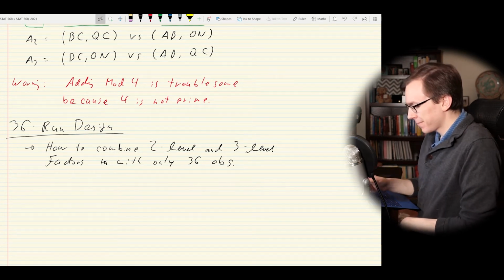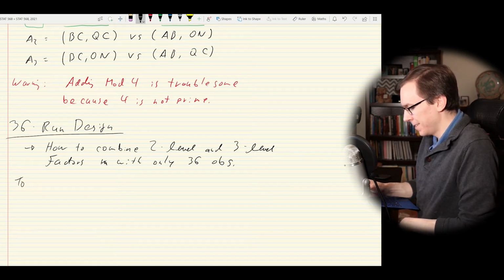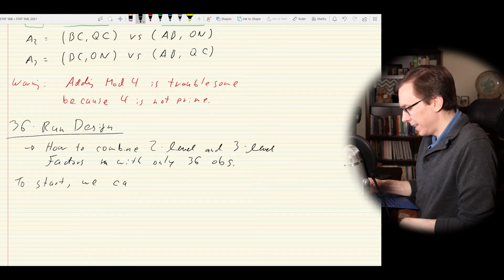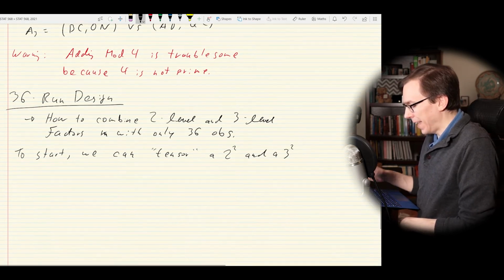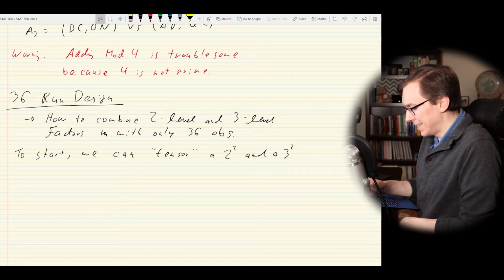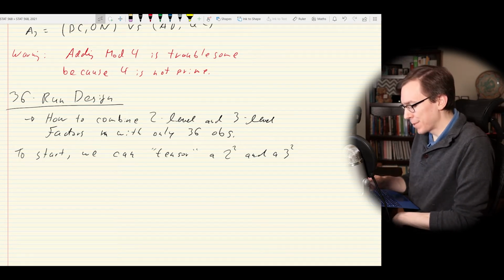So to start, we can tensor a 2 to the 2 and a 3 to the 2 together, and what we end up with is something that's going to have 36 observations.